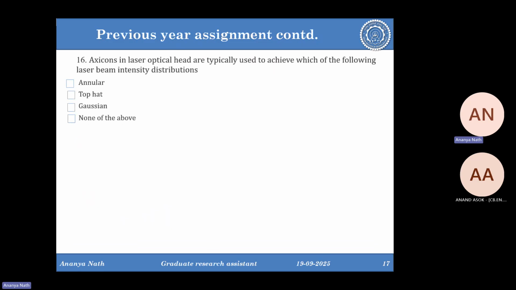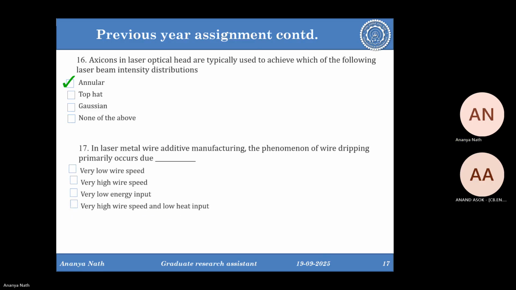Axicons in laser optics head are typically used to achieve which of the following laser beams? It's the annular. It's kind of a setup name. In laser metal wire additive manufacturing, the phenomenon of wire dripping is primarily caused due to very low wire speed.